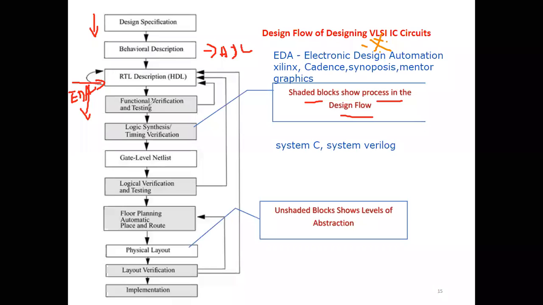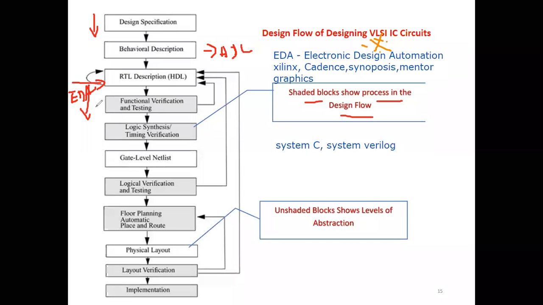Now, once the program is written, next you have to perform a functional verification. What is functional verification? It verifies the functionality of the design, whether it responds properly for a given input or not.